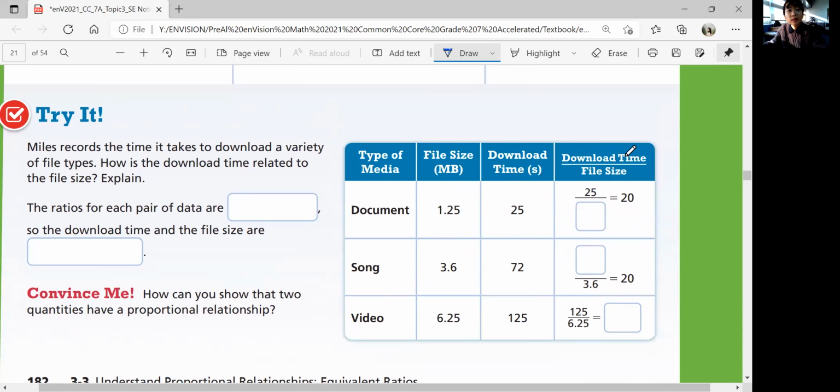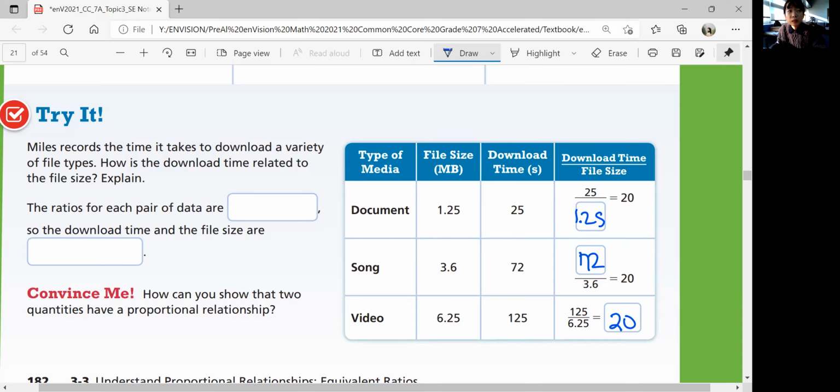We're dividing downloaded time by file size. So we got 25 divided by 1.25, and that's going to equal 20. Songs, we have 72 divided by 3.6, and that also is equivalent to 20. And is 125 divided by 6.25 also 20? Yes. So we have equivalent ratios for all three types of media.